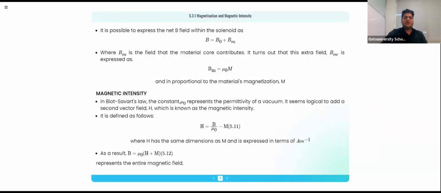Now, a few more things about the magnetic intensity, about how this formula comes into the picture. See, if you consider a solenoid on which wire is wound, you will see that there are two types of magnetic field: first inside the magnet, and second outside, that means in the free space.